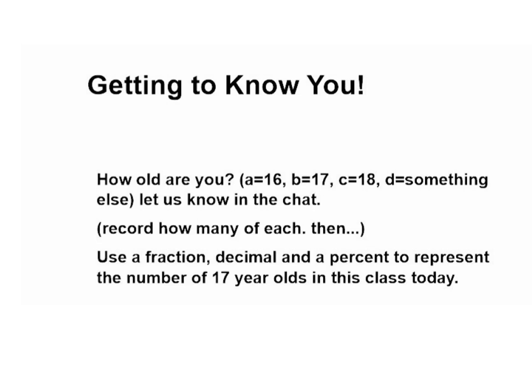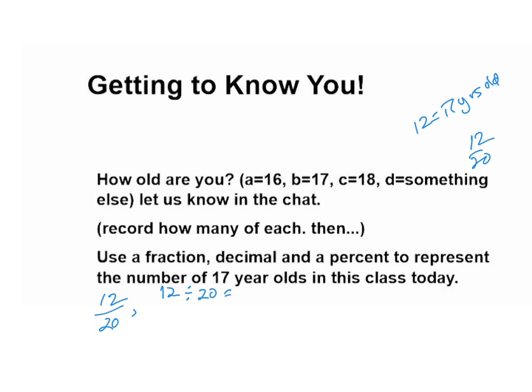Let's say we have a class of 20 people and that 12 out of 20 were 17. Now, to use a fraction, we would have this, 12 out of 20, right? That's our fraction. To do a decimal, we would do 12 divided by 20.